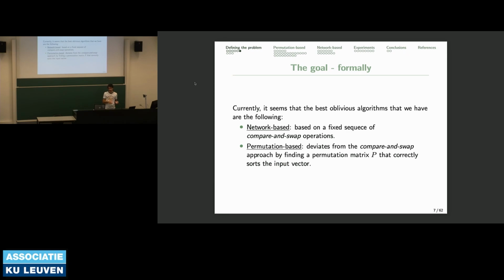While the permutation-based approach, which we'll see now, deviates from this paradigm and somehow doesn't want to continuously compare and swap values, but it's just about, okay, we have a vector, let's try to build a permutation matrix such that when we perform this multiplication, we get out the sorted vector.